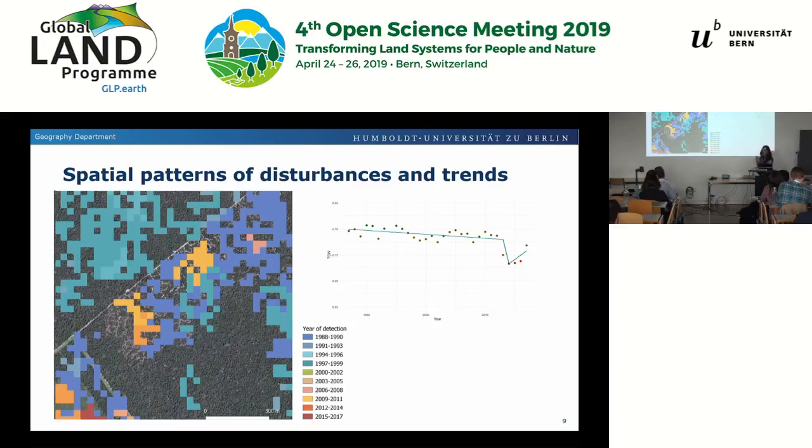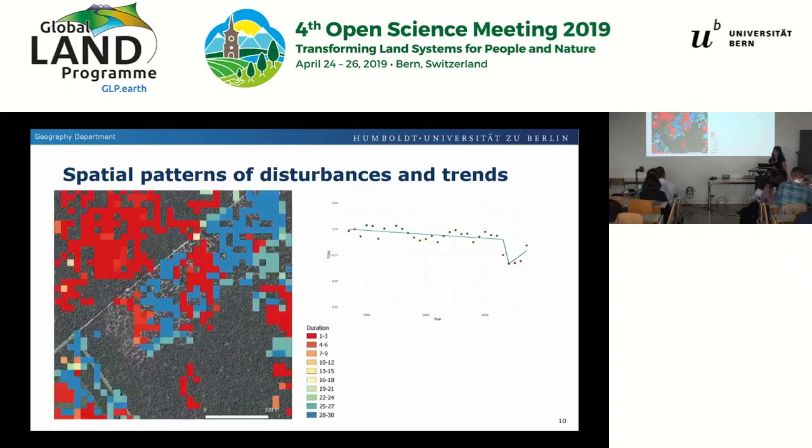And the information we can get is that in this case selective logging happened in many different years, so we can understand the spatial patterns. In this other map, we instead see the duration for every pixel, and then we can also understand more the temporal pattern in a way.